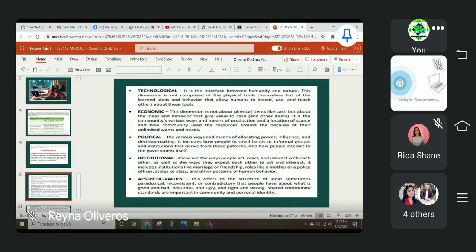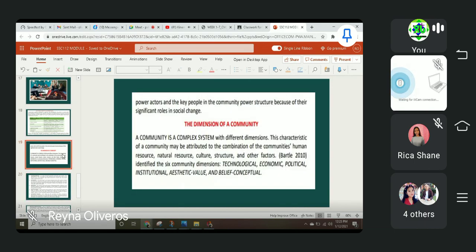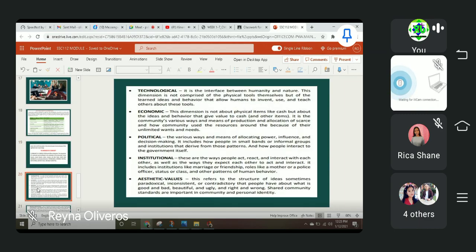Okay? So, alamin natin yung meaning nitong community dimensions na to. Unahin natin yung technological. Okay? So, pag sinabi nating technological, it is the interface between humanity and nature.